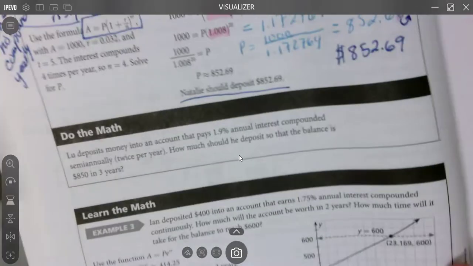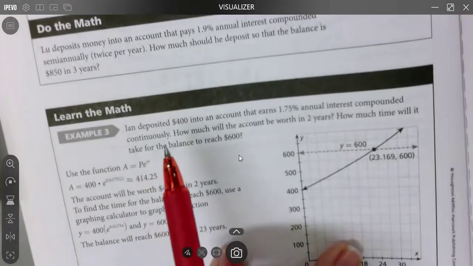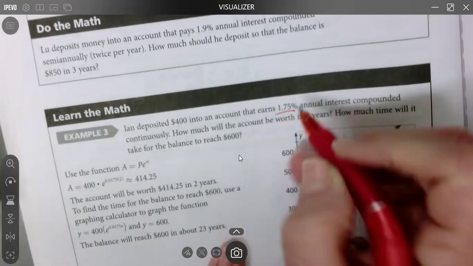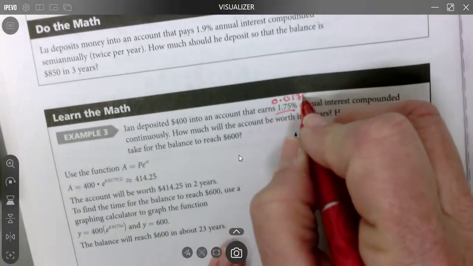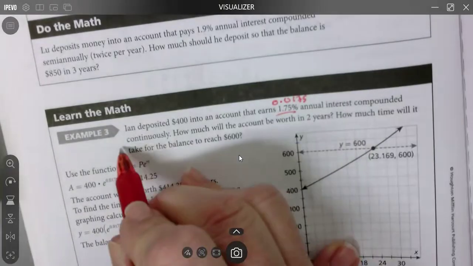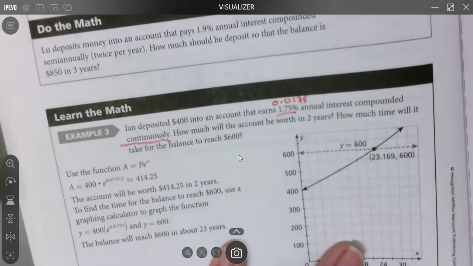Okay, so example 3 says, Ian deposited $400 into an account that earns 1.75%. Let's put it into a decimal, 0.0175. Annual interest compounded continuously. Okay, so, we've talked about quarterly, semi-annually. You could do monthly.